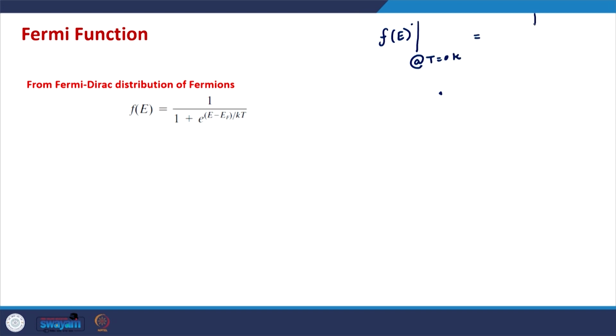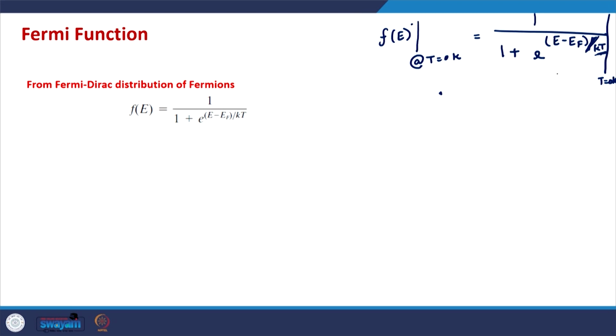So, it will be 1 by 1 plus e to the power E minus EF by kT at T equal to 0 Kelvin. So, as we put T equal to 0 here, as T approaches 0 here, then the denominator approaches 0 as well, which means now the numerator will blow up.